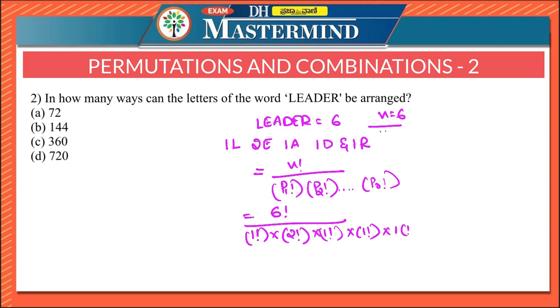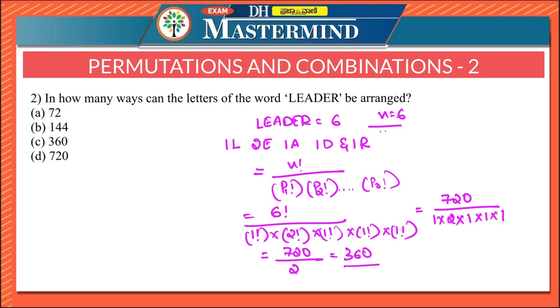The numerator is 720 because 6 factorial is 720, and the denominator is 2. Therefore, it comes out to be 360. So the word leader can be arranged in 360 different ways. The right option is option C, 360.